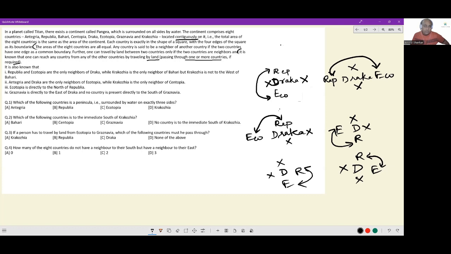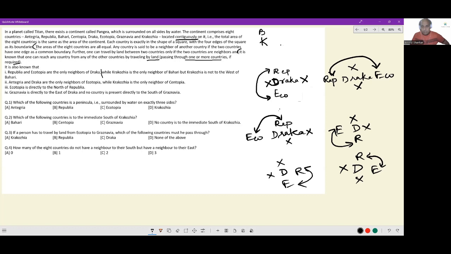Krakozia is not to the west of Bahari. Okay, no, we had read up till here. Krakozia is the only neighbor of Bahari, but Krakozia is not to the west of Bahari. Again, if Krakozia is the only neighbor of Bahari, can I go on to say Krakozia is not to the west of Bahari?